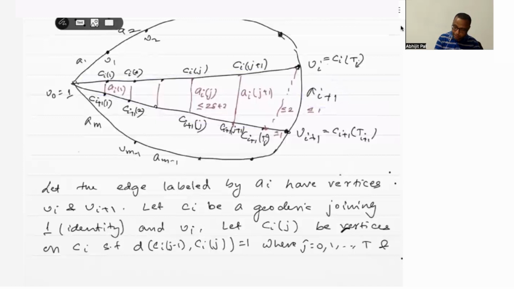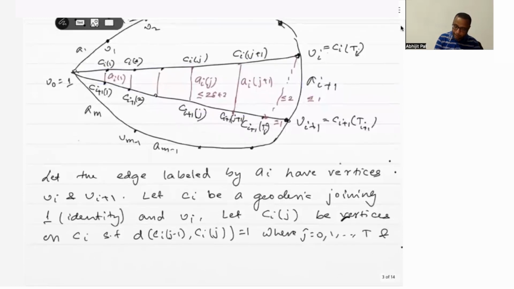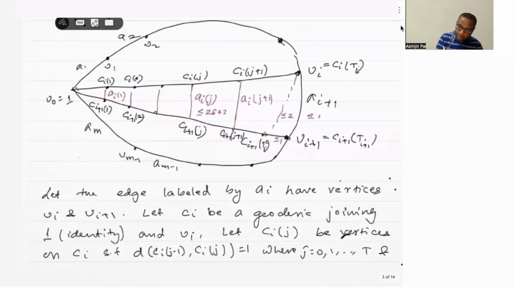So that is an observation. And now let Cij be vertices on Ci such that the distance between Cij minus 1 and Cij is equal to 1. So we can split this geodesic.